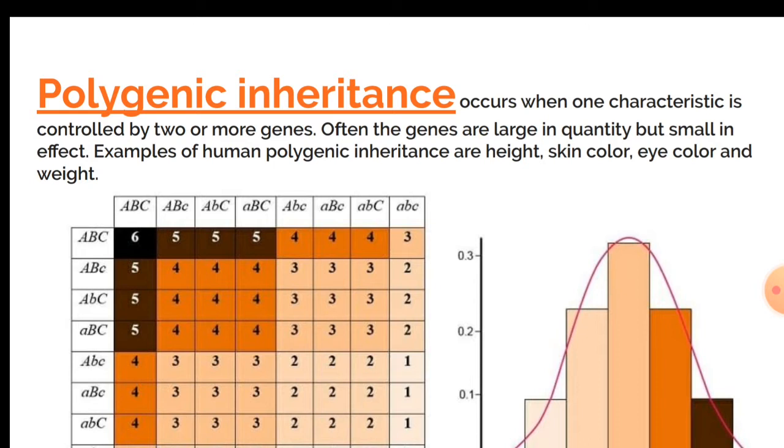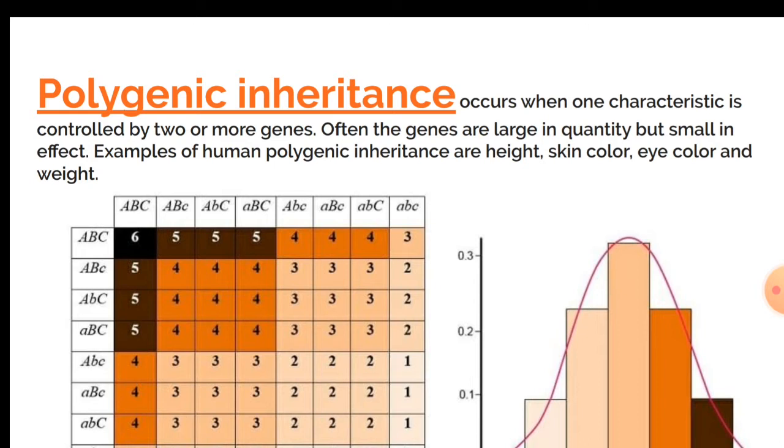So now we'll take up polygenic inheritance. Polygenic inheritance occurs when one characteristic is controlled by two or more genes. Often the genes are large in quantity but small in effect. Examples of human polygenic inheritance are height, skin color, eye color, and weight.